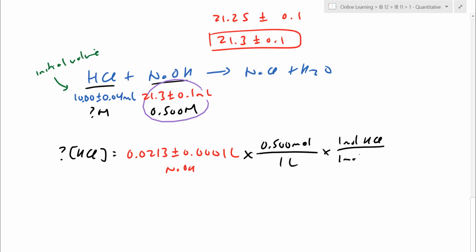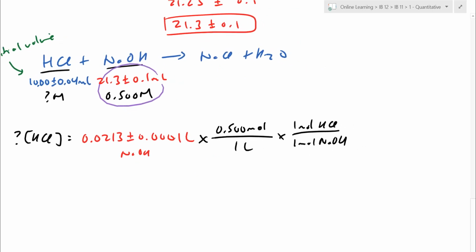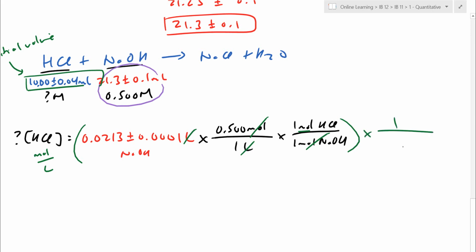In this case, it's going to feel a little bit weird in terms of how we're setting up our work. We're used to doing top unit cancels bottom unit. Here, because I know my final answer needs to have moles of acid on top, all I need to do is pick up a divide by 1,000. If it confuses you, just type that part in first, and then you just go divide by your initial volume here of this 10. How I'm going to show it here is multiply by the reciprocal.